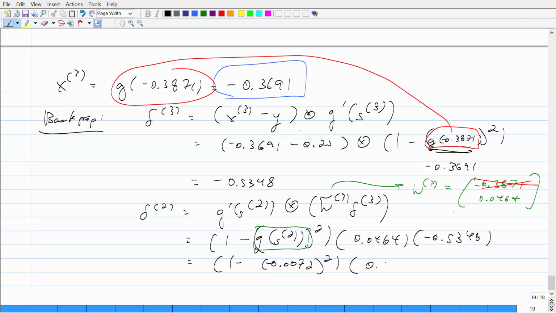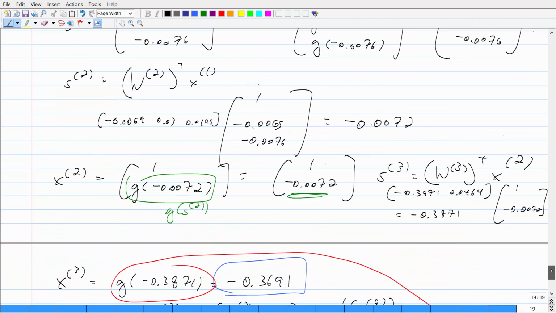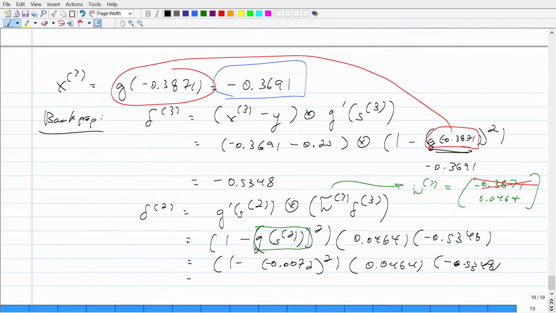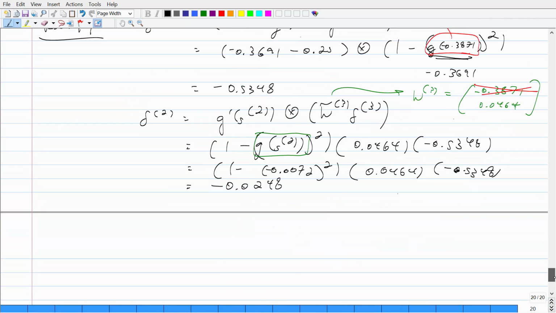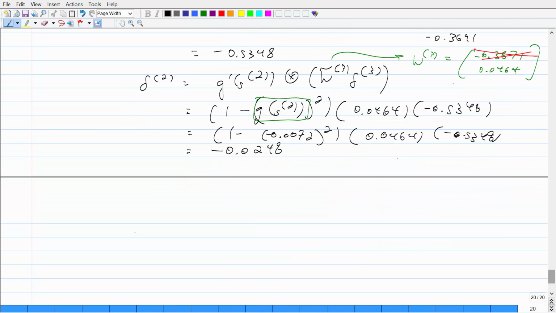And then these numbers right here. Okay, so when you calculate these numbers, we get, let's see here, it was minus 0.0248, or minus minus 0.0248. Okay, finally, you have the last one.